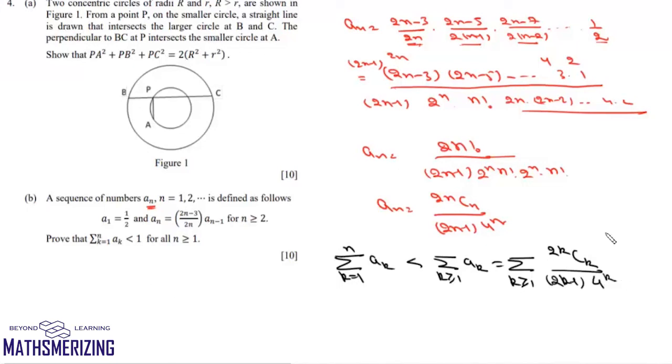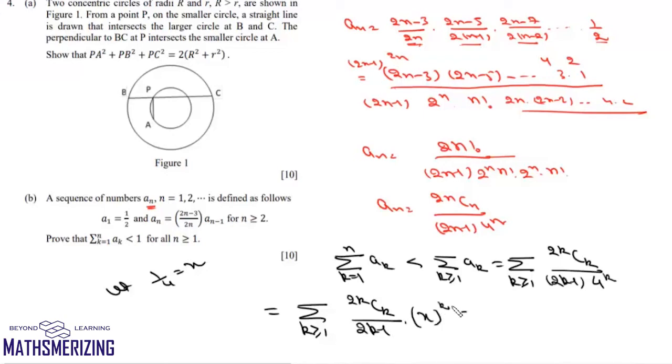Now let 1 upon 4 be some x. So we can write this as summation k greater than or equal to 1 of 2k Ck upon (2k minus 1) times x to the power k.